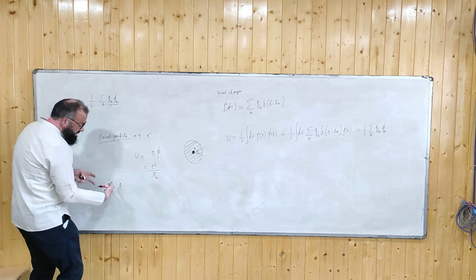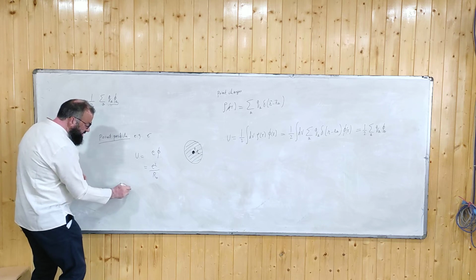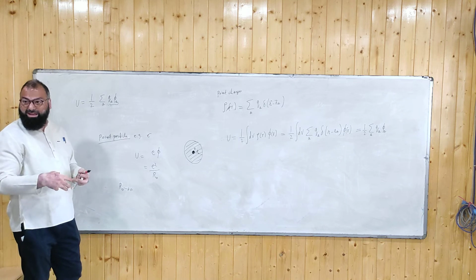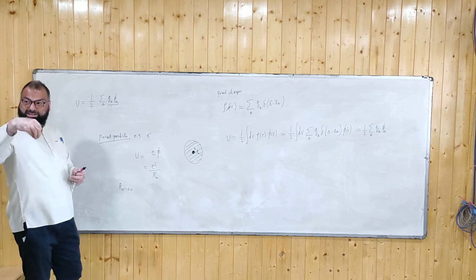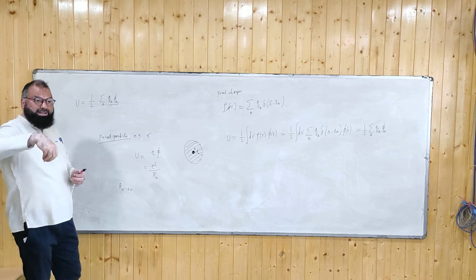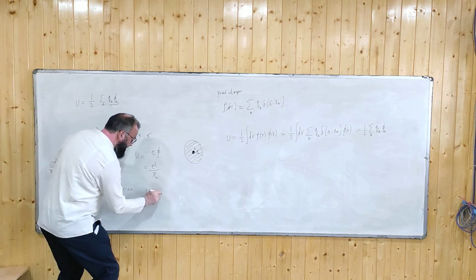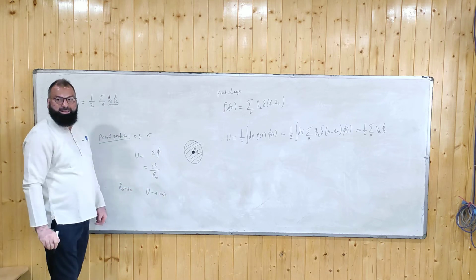If it is a point particle, that means this R naught tends to 0. Is that true? That means I am looking at the energy concentrated at the point itself. So how much is that? In that case, this U tends to infinity.